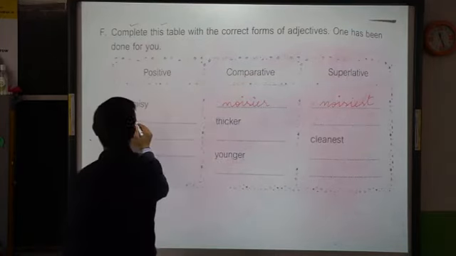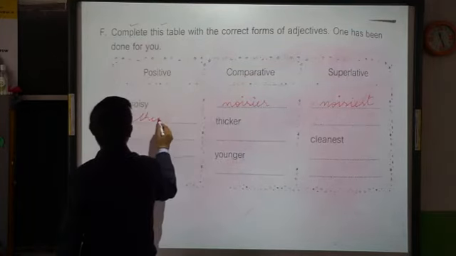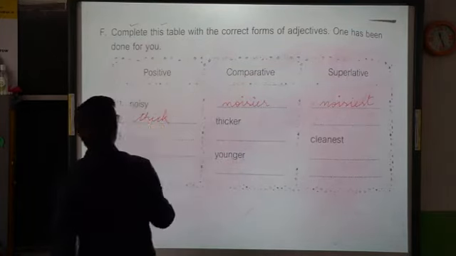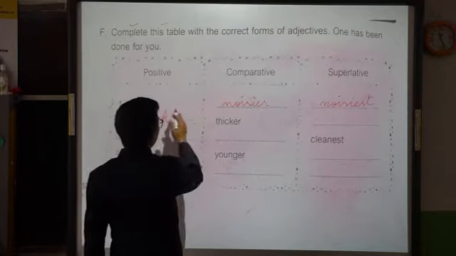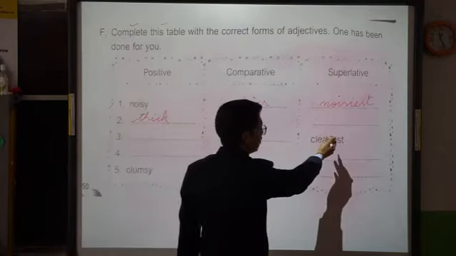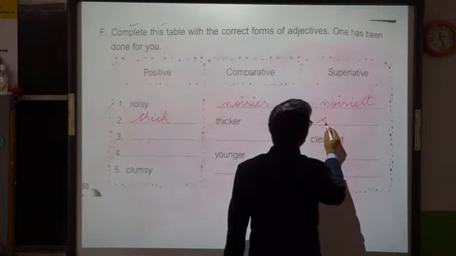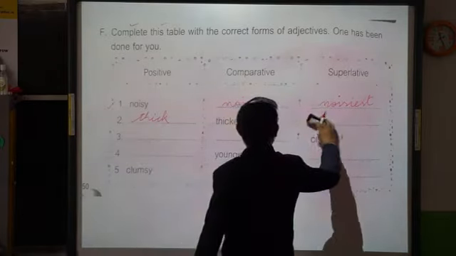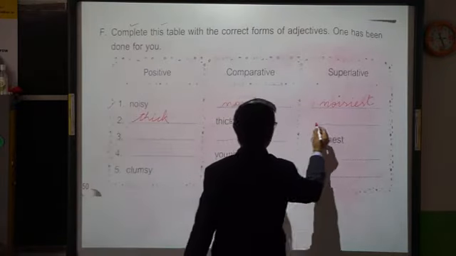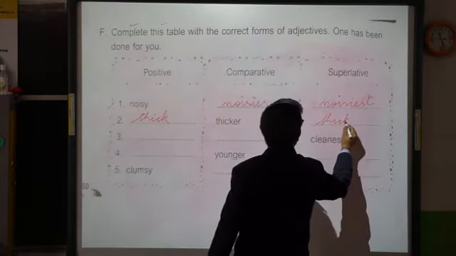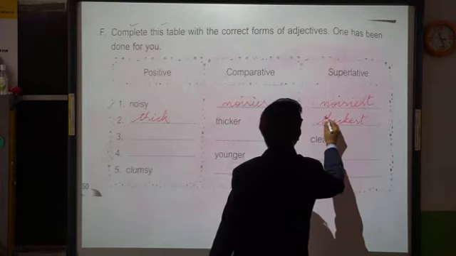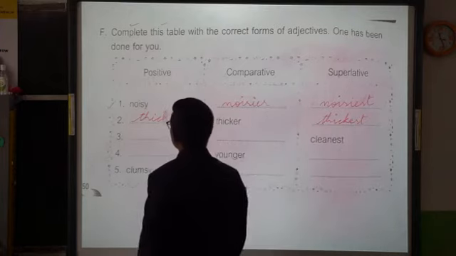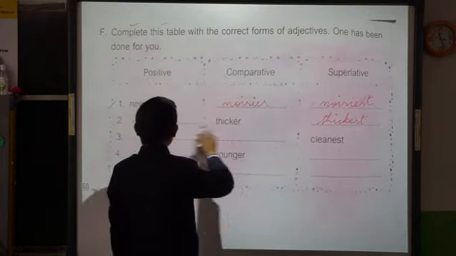The positive word will be thick. Then thicker. What will be the superlative? Superlative will be thickest. Alright.